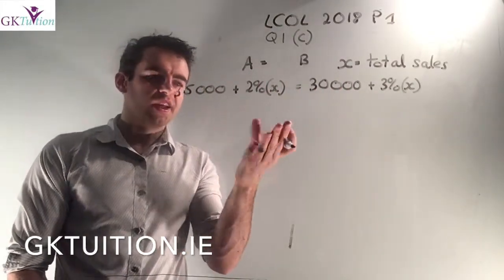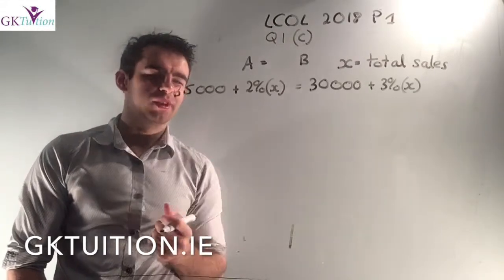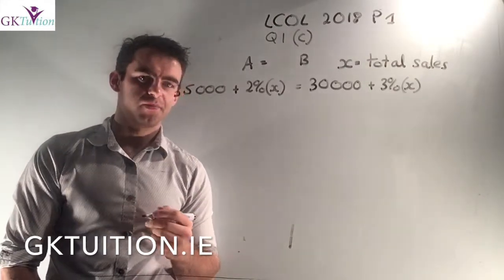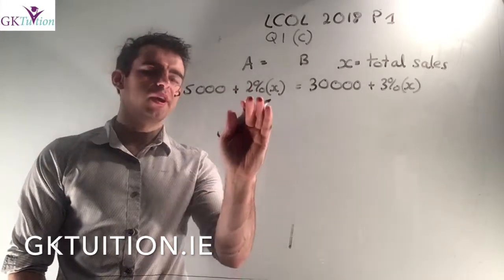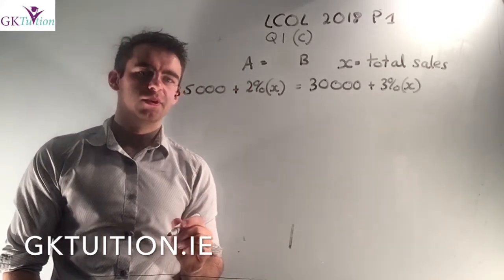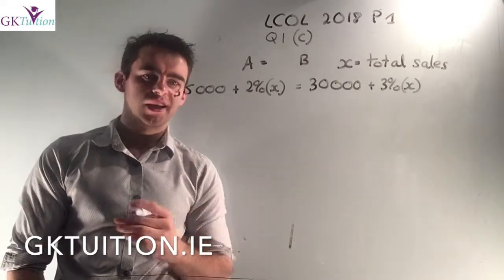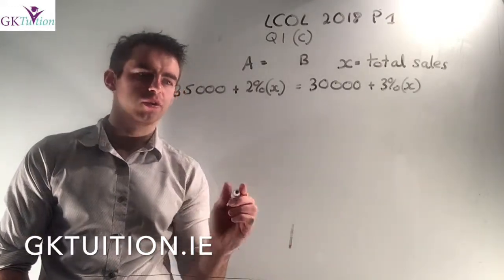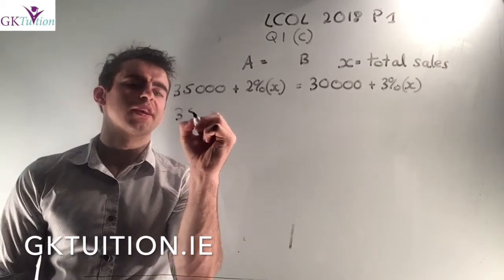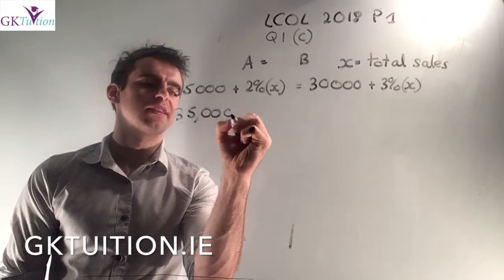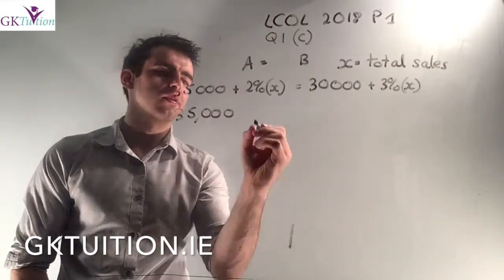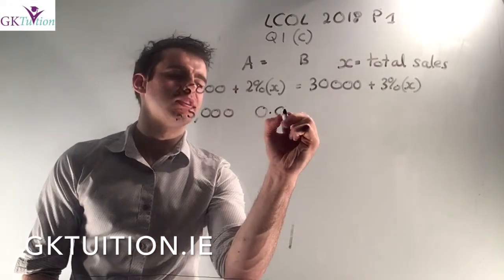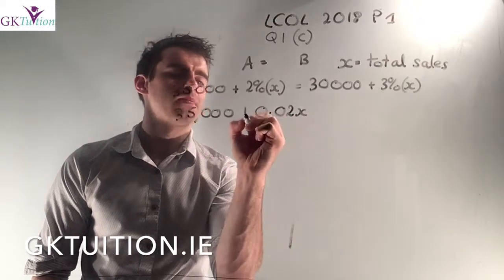But the percentage here is quite awkward. We can't really deal with this 2% or this 3%, so we need to write these as decimals. To convert from percentage to decimal, you divide by 100. So I'm going to rewrite the left-hand side as 35,000 plus, and rather than writing this as 2% times X, if you divide 2% by 100, that's 0.02x.